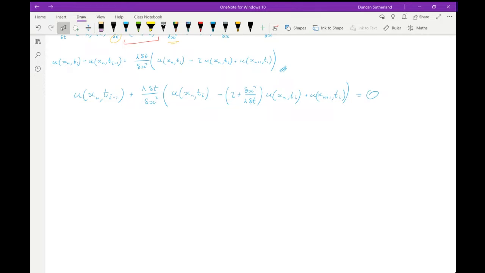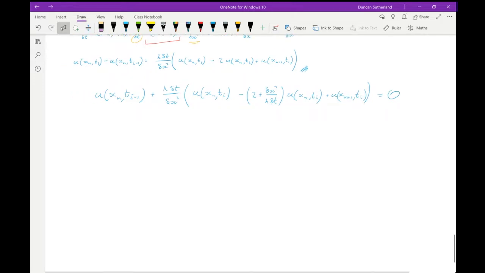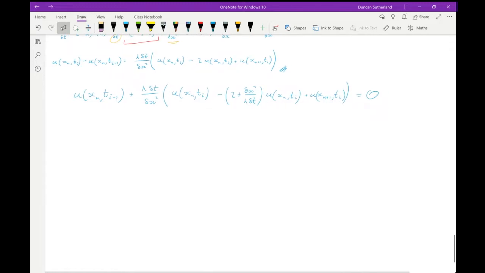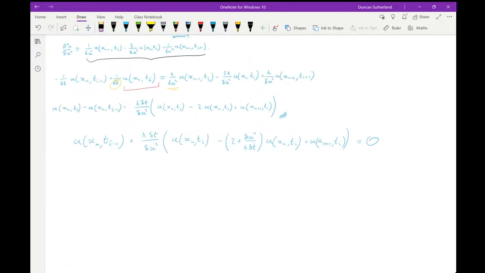I think I've blundered in my time step, in my minus ones. I think these all need to be at the old level as well. Yes, they do. That makes so much more sense.